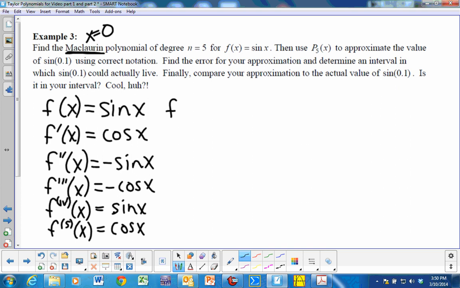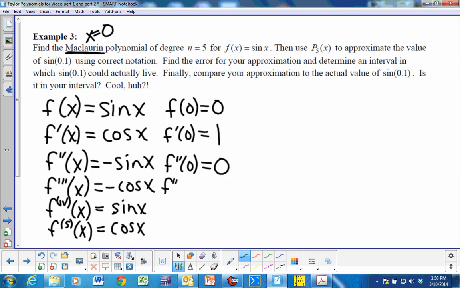So I'm just going to write right next to it f of 0, which would be sine of 0, which would be 0. F prime of 0, which would be cosine of 0, which is 1. F double prime of 0, well, it has sine in it, so it's going to be 0. F triple prime of 0 is going to be negative 1.